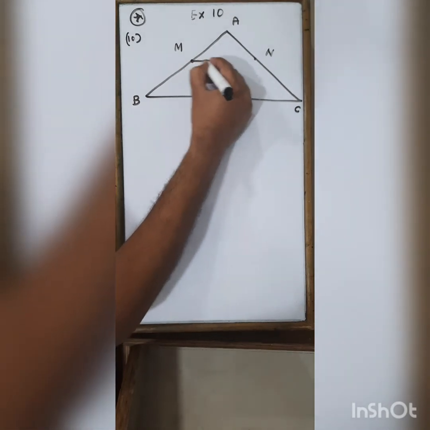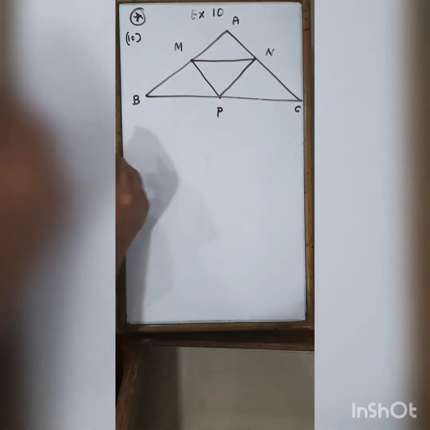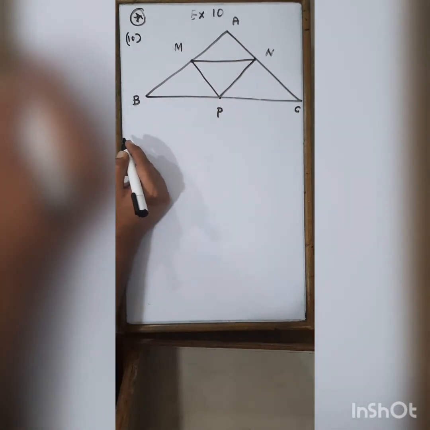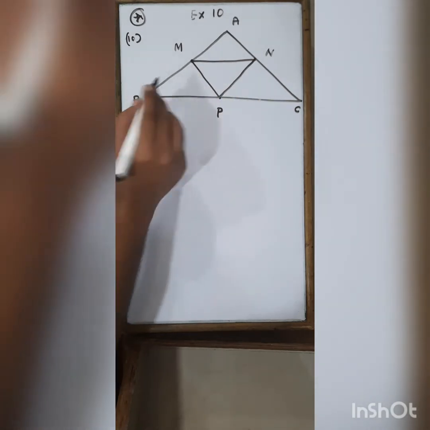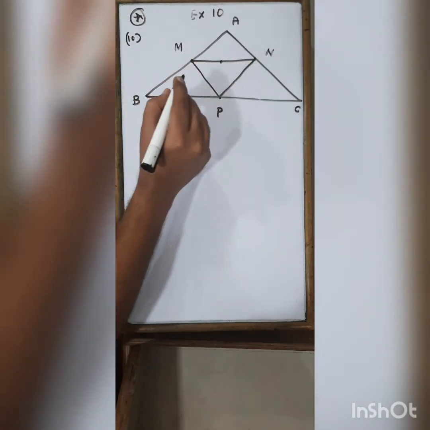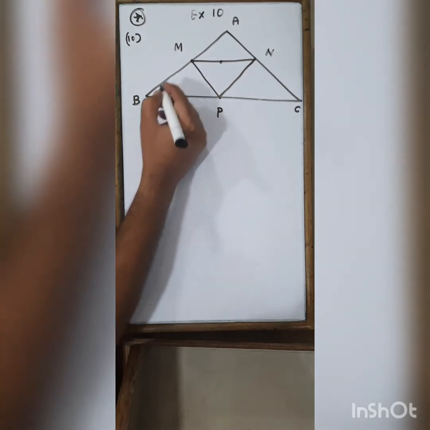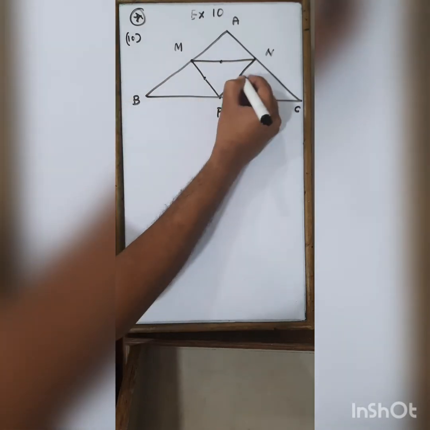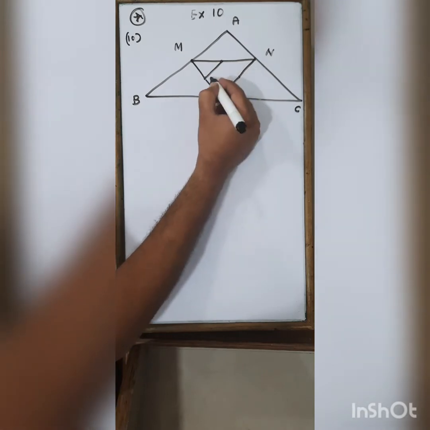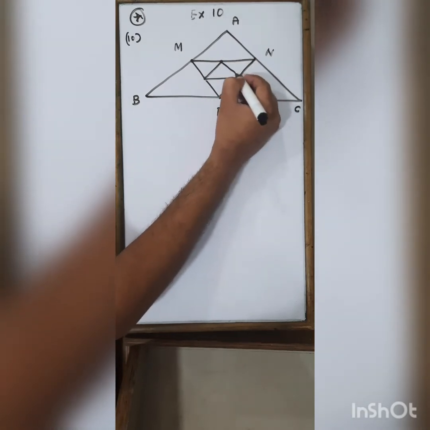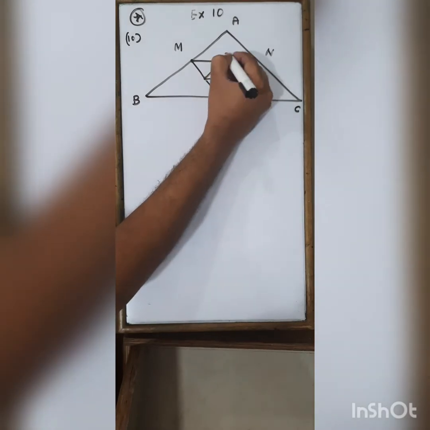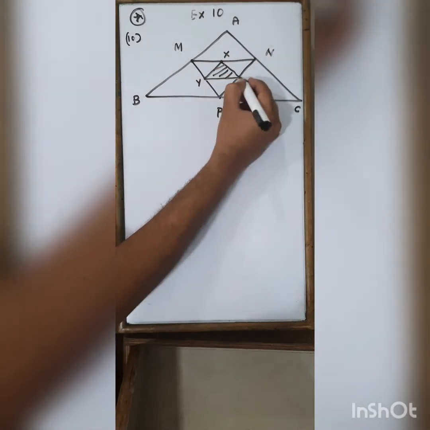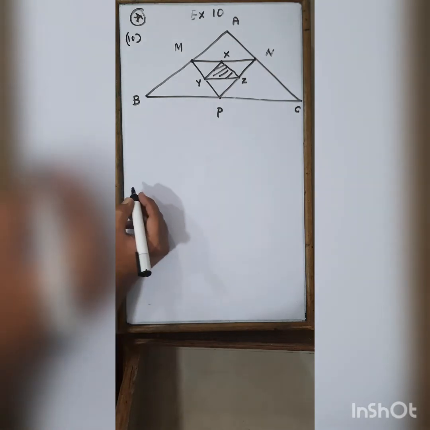They are the midpoints. Now again, X, Y and Z are the midpoints of sides of MNP. So this is suppose X and you have here Y and you have here Z. So these are the midpoints, X, Y and Z.